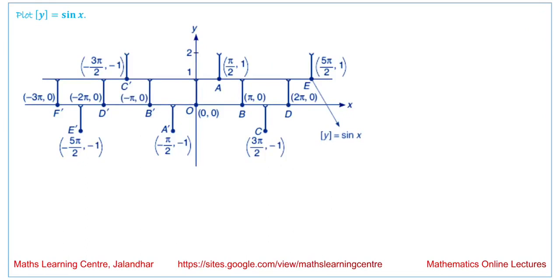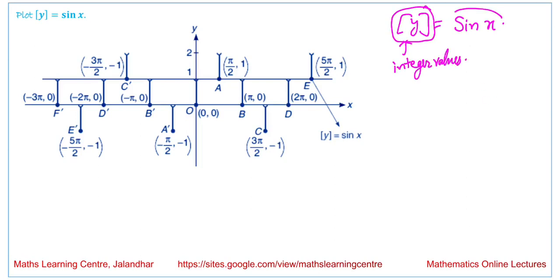Next we have to plot the greatest integer of y is equal to sine x. When we are talking about this function, the answers we require should be the values of the greatest integer of y, which are basically the integer values. We know that sine x will attain the integer values -1, 0 or 1.